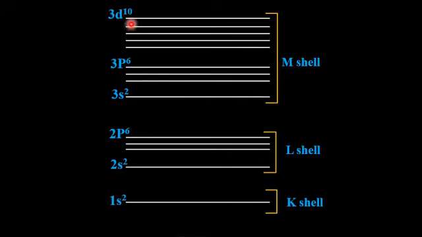So the maximum number of electrons present in the M shell is 18. Similarly, the number of subshells increases with an increase in the number of shells in an atom.